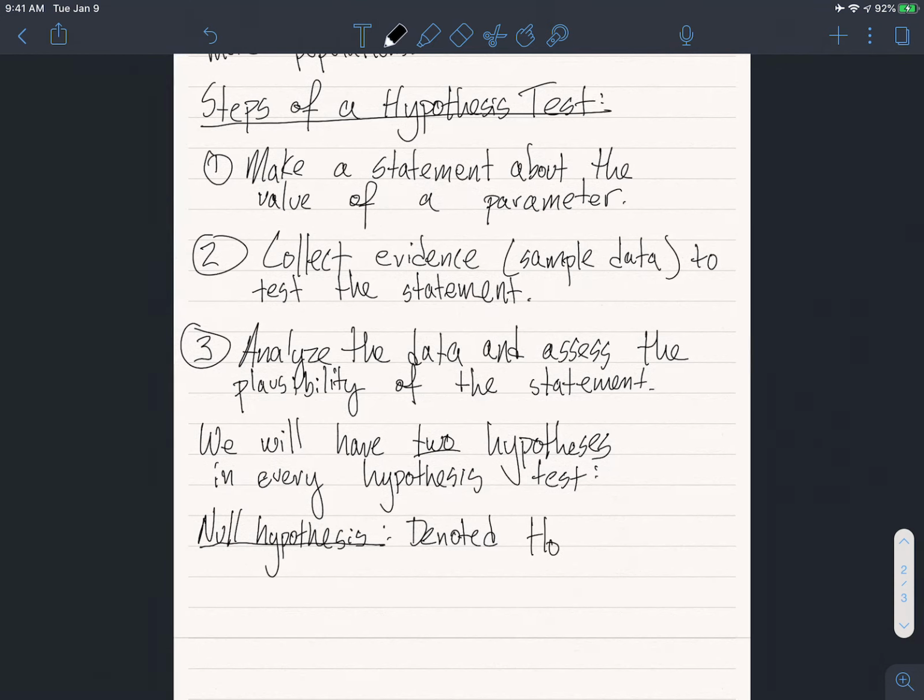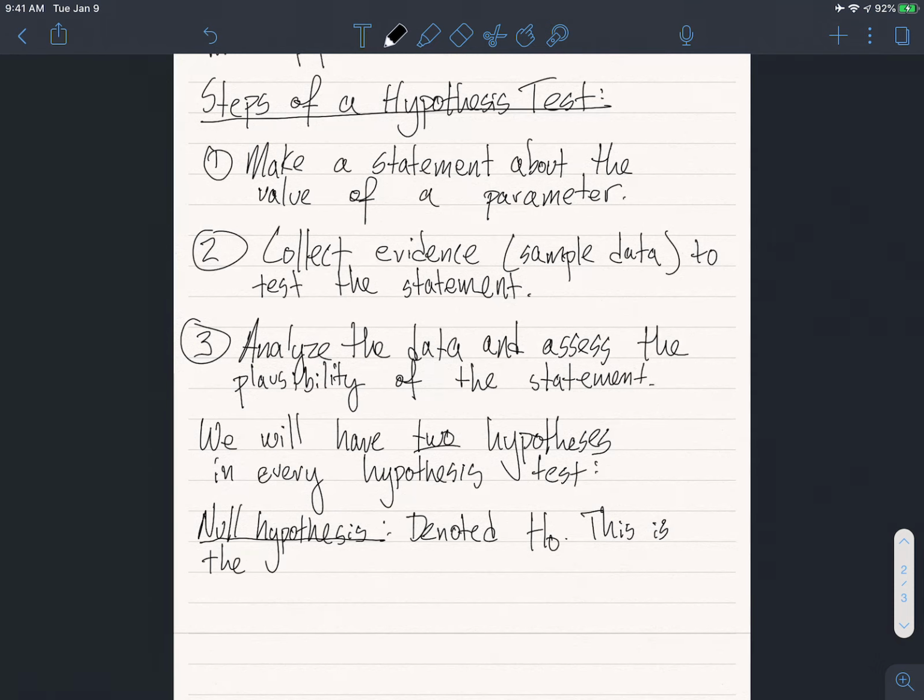That's the way I always see it. It's read H naught. You might hear me say H-oh, just depends on how I'm reading it. It's H with a little subscript of a 0. H naught, however you want to call it. This is the statement to be tested.